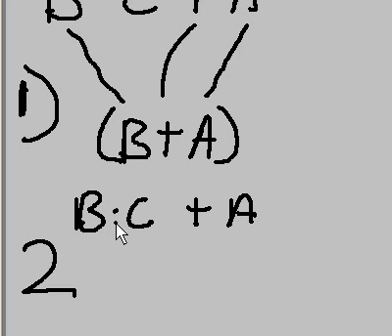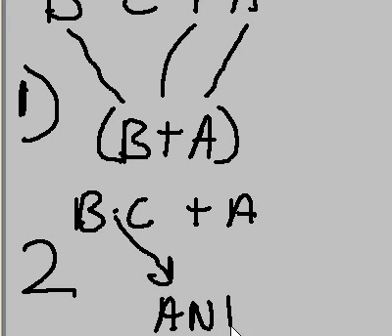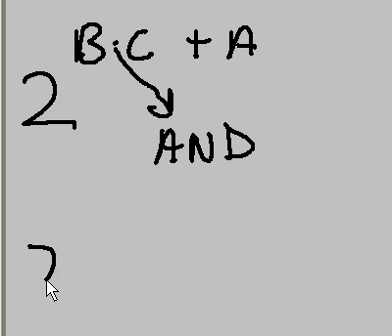Step number two is I take the next guy. That's an AND guy. I'm going to take B or A. I'm going to AND it with something. AND it with what?